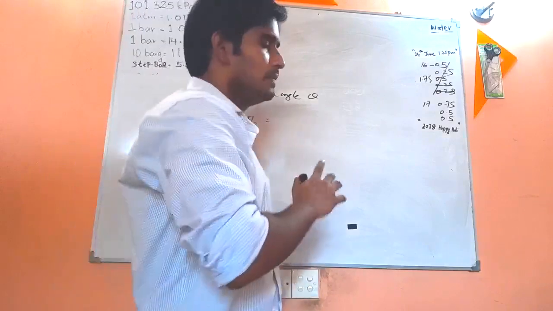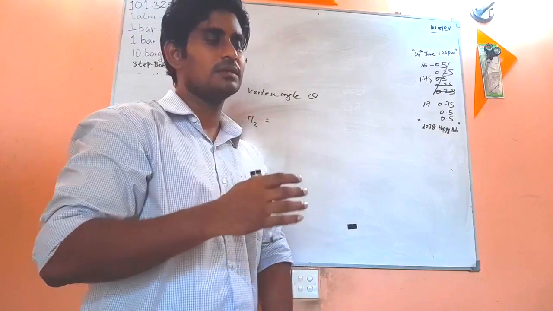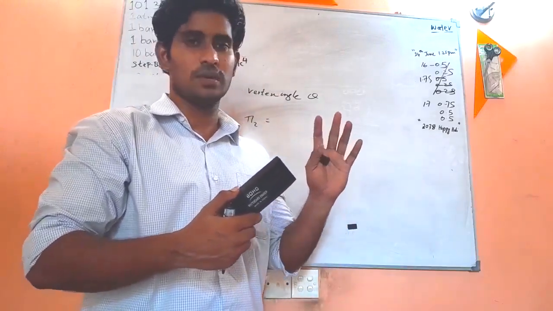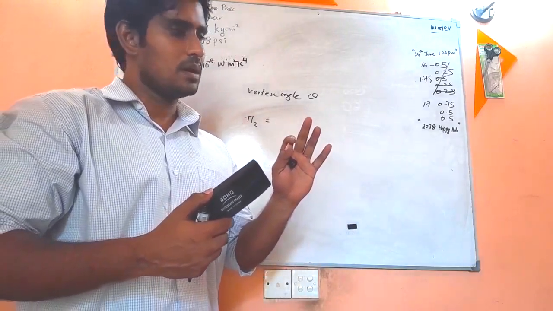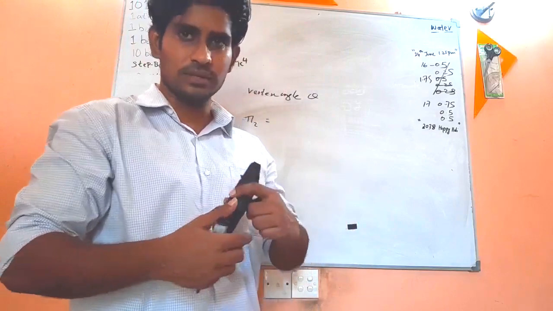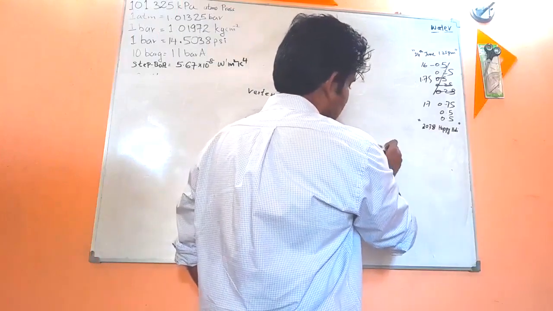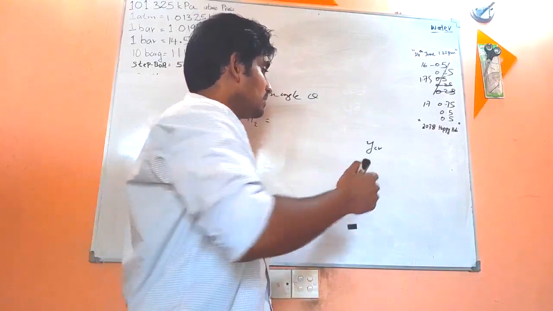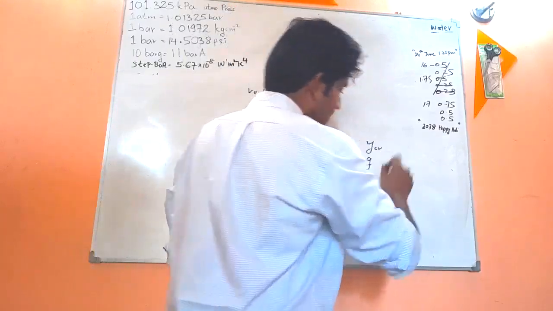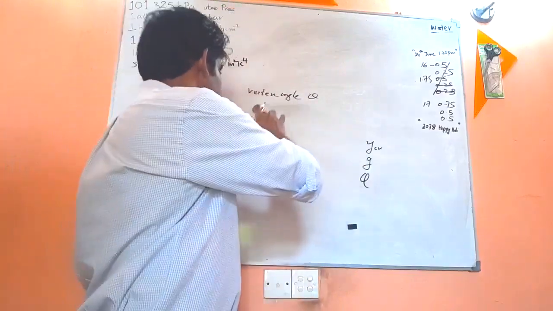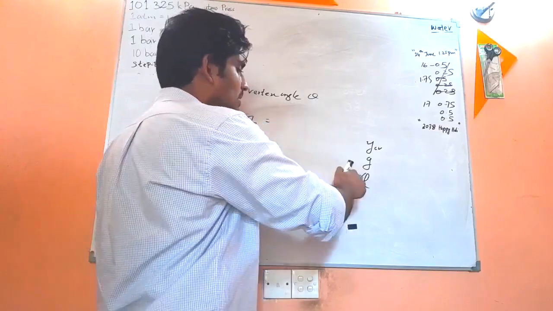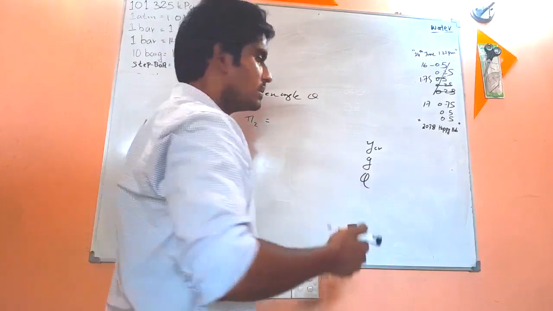There are 3 quantities that have dimensions: the critical depth Ycr, the acceleration due to gravity g, and the flow rate Q. Now let's write this phi 2 in a format with Q, where here Q means the dimension of Q. That is what we have to consider.